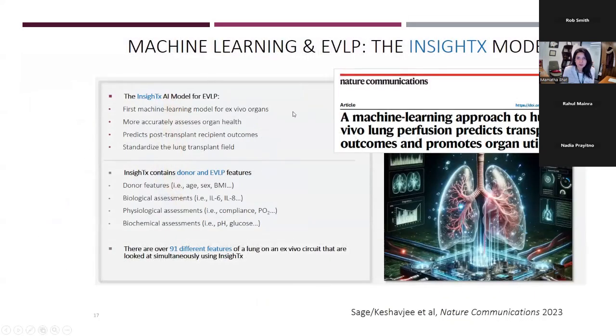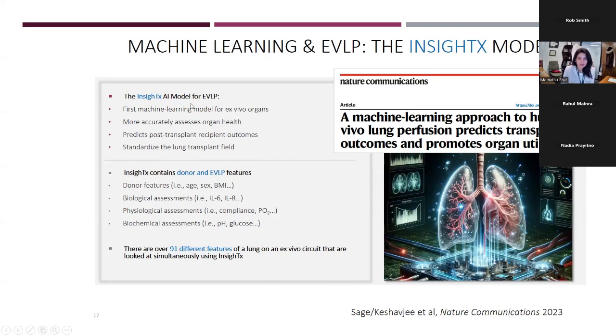This is a work in lung transplant by Shaf Keshavji, Andrew Sage, and Bo Wang at the University Health Network. In this study, they developed an AI model to predict the outcomes of ex vivo lung perfusion.